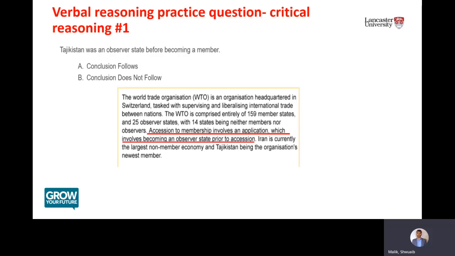So even though it's not specifically said in the passage anywhere that Tajikistan in particular was definitely an observer state before becoming a member, we do know from the passage that to become a member, states must have been an observer state before becoming a member. Therefore, Tajikistan is a state. Therefore, Tajikistan must have also been an observer state before becoming a member. So therefore, the conclusion follows.